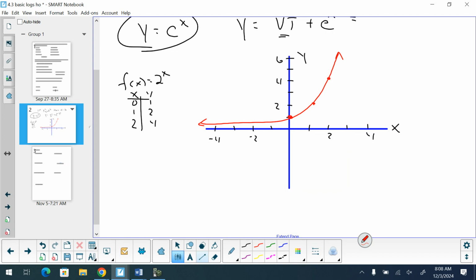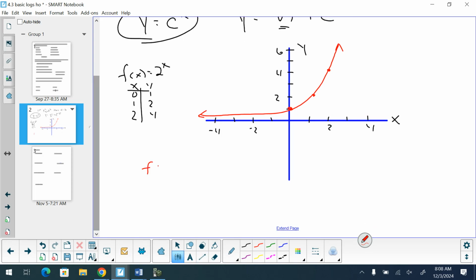Now if we take a look at the problems, if we take a look at problem number 1, we have f of x is equal to 2 to the x plus 1. Well, this will give us a vertical translation of 1. So all of our points are going to have a vertical translation of 1.